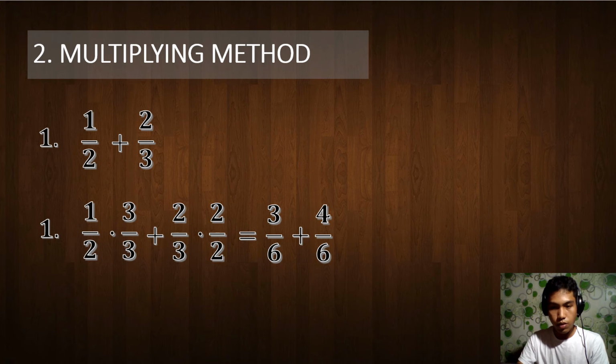For the second part, we have plus 2 times 2 equals 4, 3 times 2 equals 6. Okay? So just simply add the numerators, then copy the common denominator. 3 plus 4 is equal to 7, so 7 over 6.